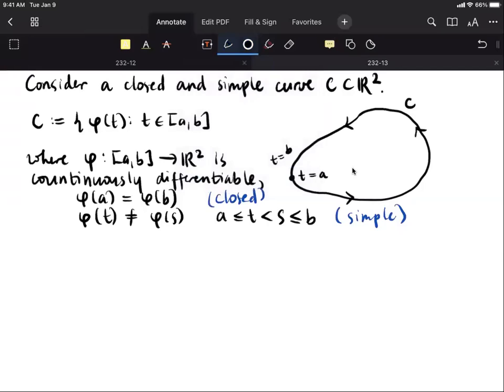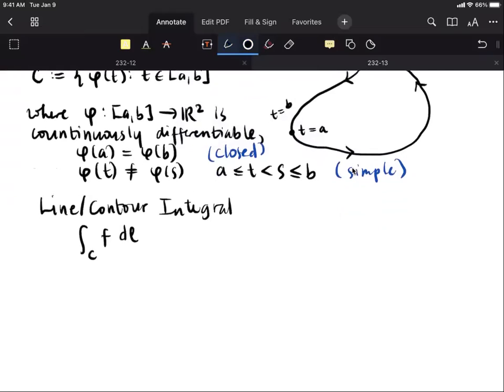And I recall that we have the following line, sometimes called contour integral. So the integral of some, let's say, some function f defined on the curve, assuming that it is continuous. Okay.